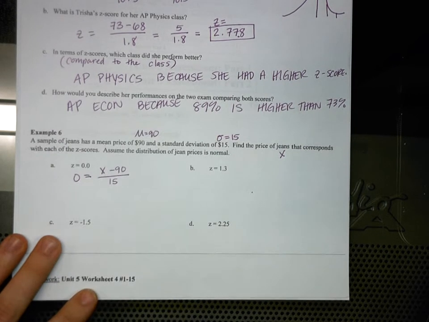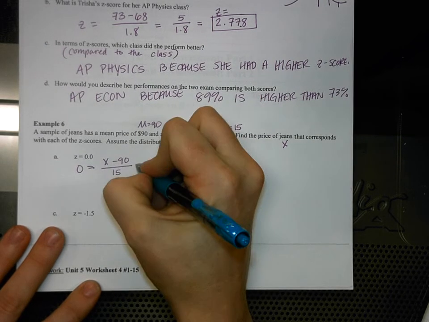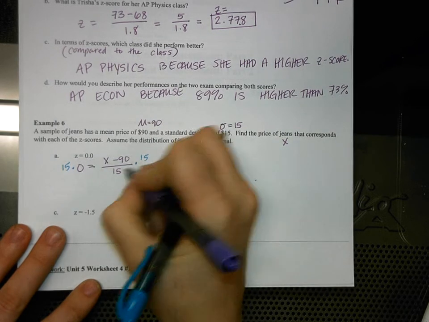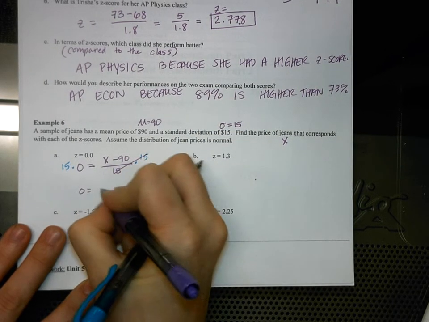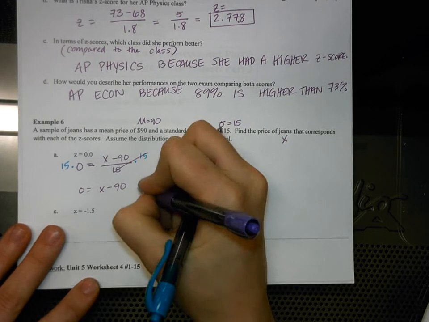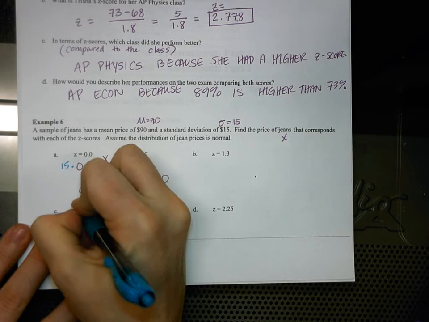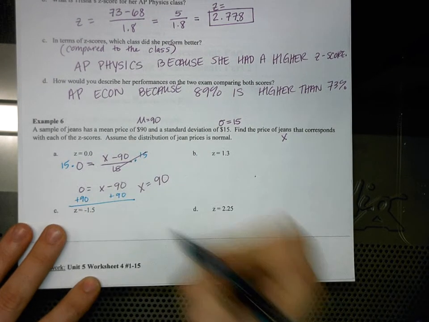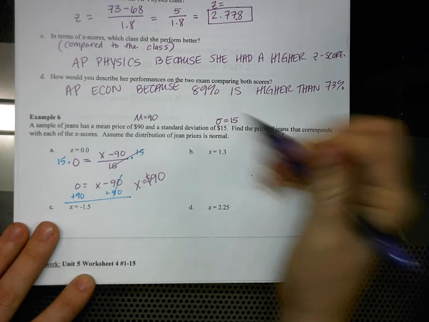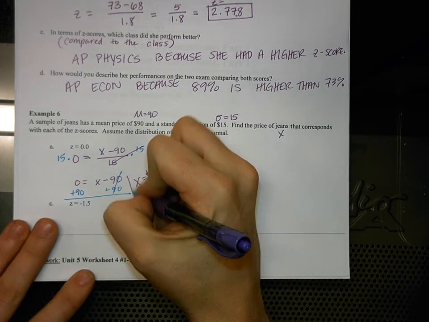Multiply the 15 to the other side. 15 times 0 is 0. These reduce. So we still get 0 equals x minus 90, which means x is equal to 90 if you add it to the other side. And we're talking about prices, so the price if the z-score is 0 is $90.